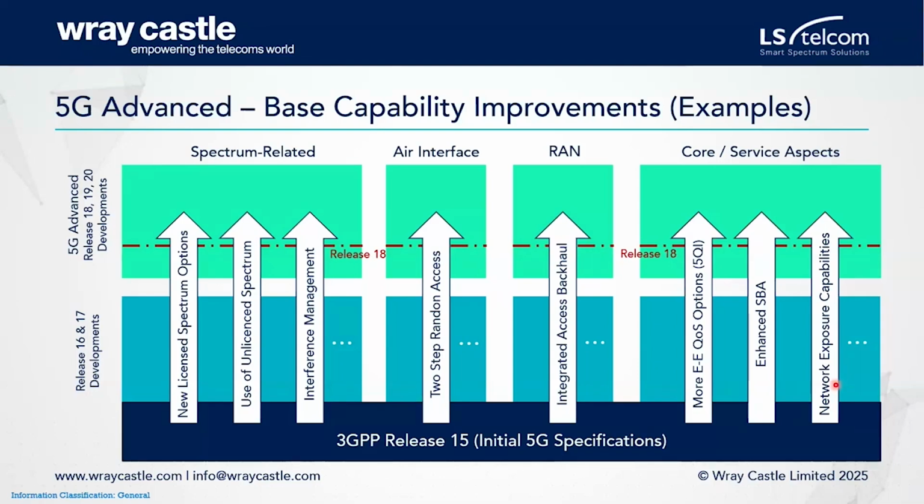So the network exposure really relates to how the two entities, the telecoms operator and in this case BMW, might communicate. So as I said, these are just areas that have improved over the years as we move into the 5G advanced era, shown in light green there. But there's lots more. The 3 dots in each case just show that there's lots more there.